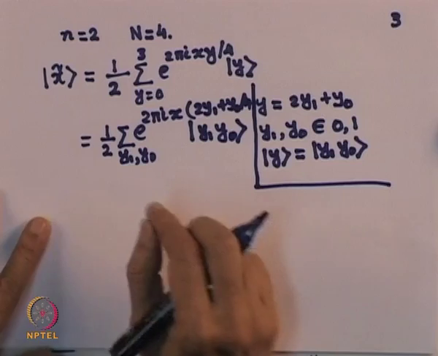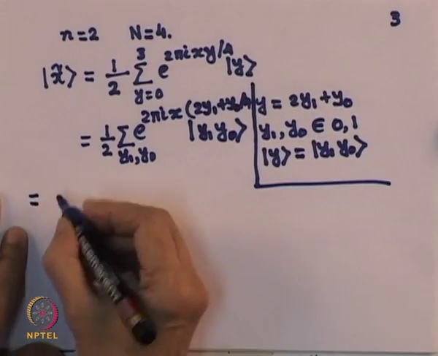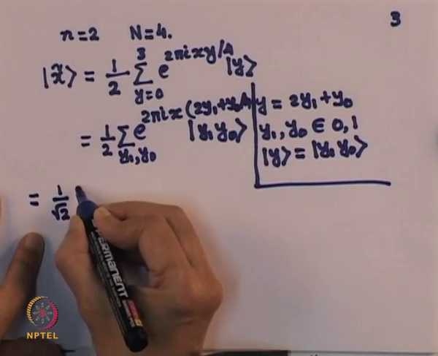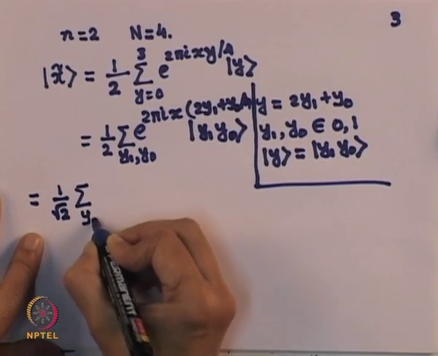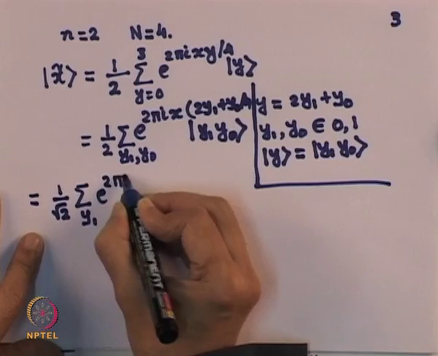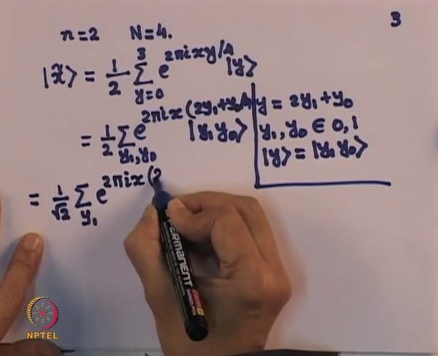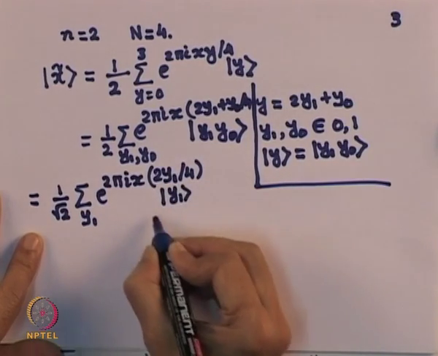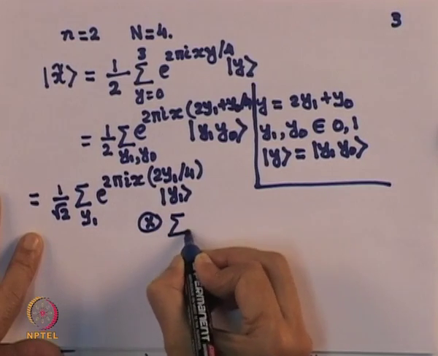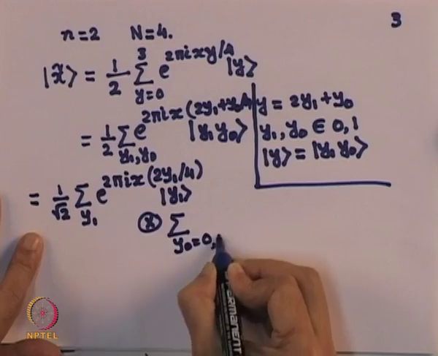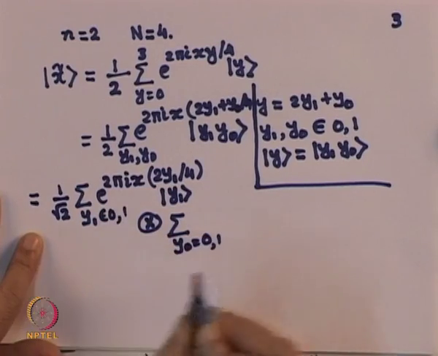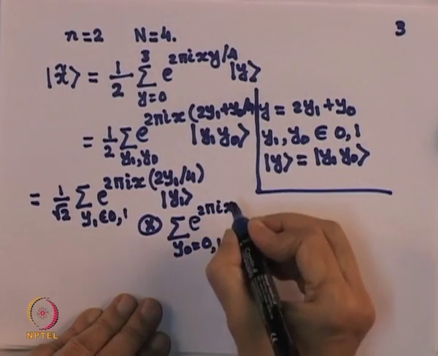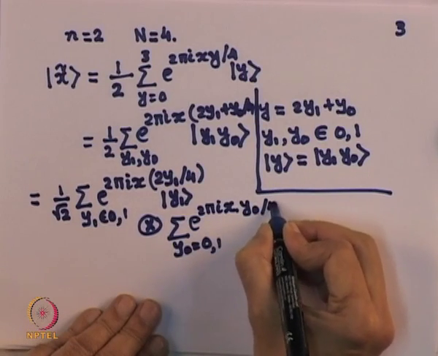Let me break up this term into a product of 2 and distribute this 1 over 2 into 1 over square root of 2 each. So, the first term I will write as sum over y1 of e to the power 2 pi i x into 2 y1 divided by 4, and |y1>, product with sum over y0 equal to 0, 1, e to the power 2 pi i x y0 divided by 4, and |y0>.